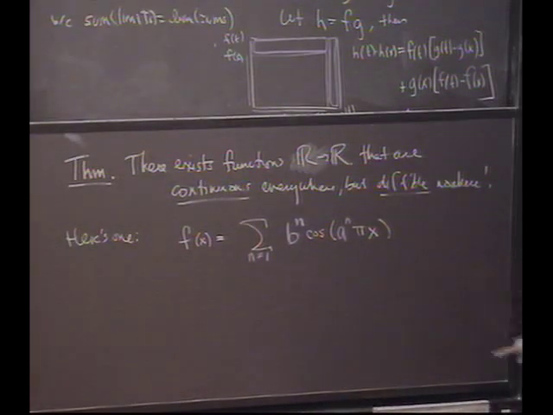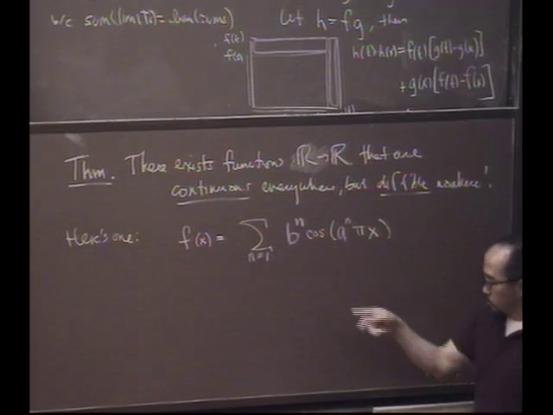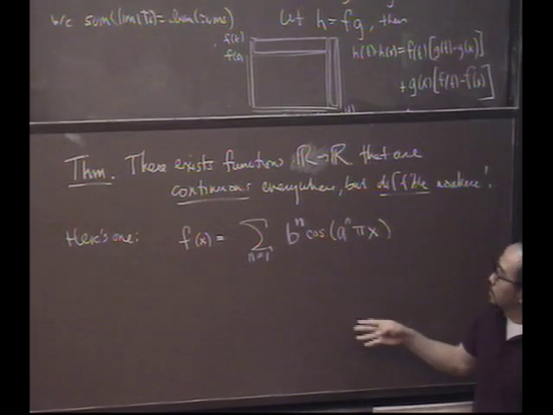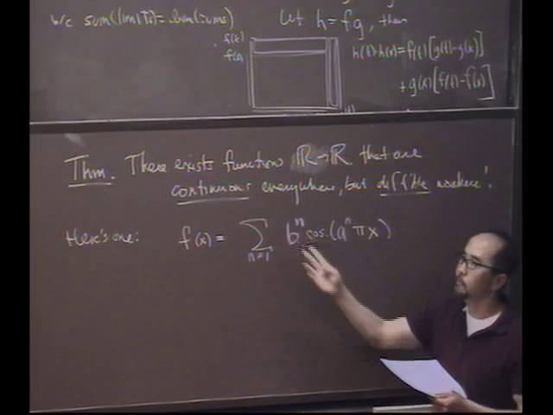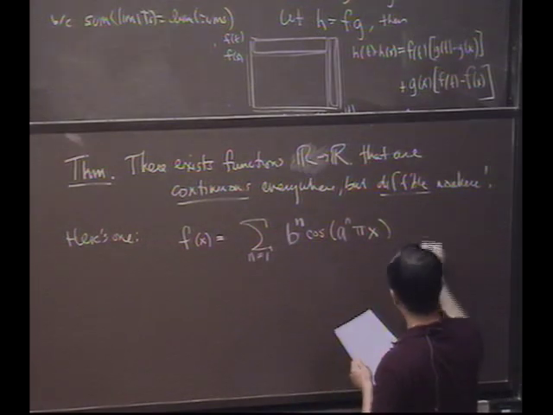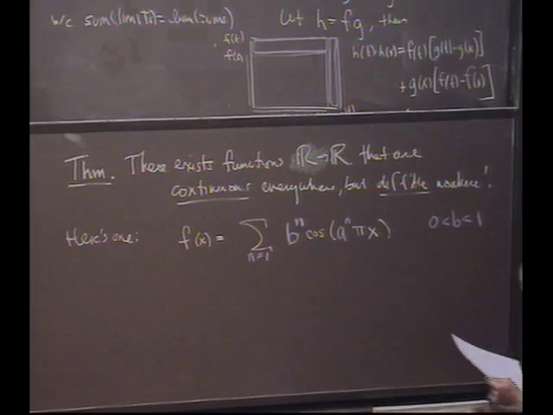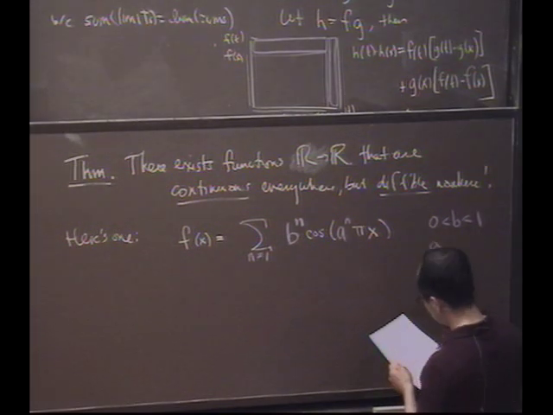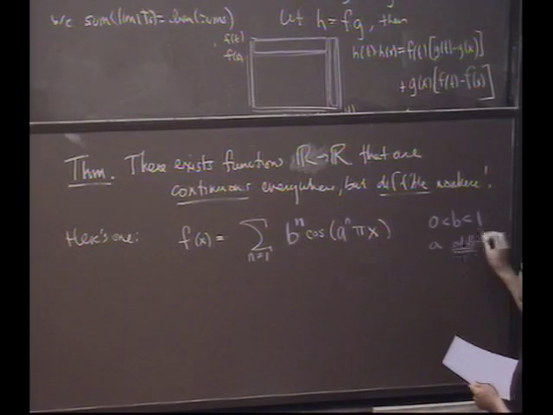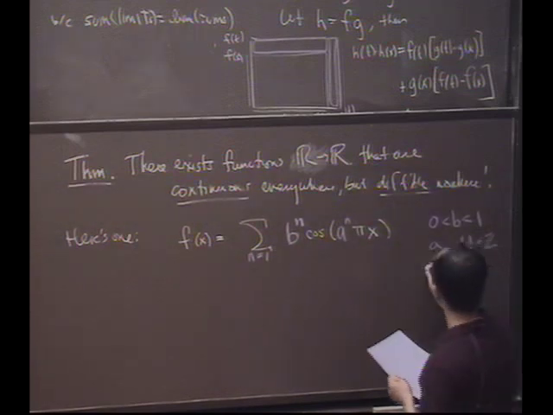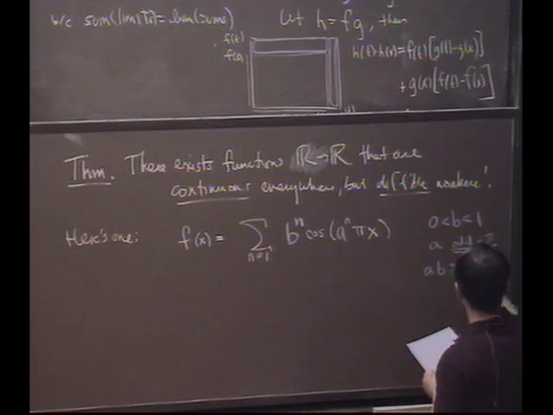So they're wavy like this, yes? But as n grows, they get what? Higher frequency. And, well, taller or shorter depending on, well, I haven't told you what A and B are, so I have to tell you, actually, don't I? So I'm going to let B be between 0 and 1. We'll fix B between 0 and 1. And I'll let A be an odd integer. And I'll choose A and B so that together their product is bigger than 1 plus 3 pi over 2.